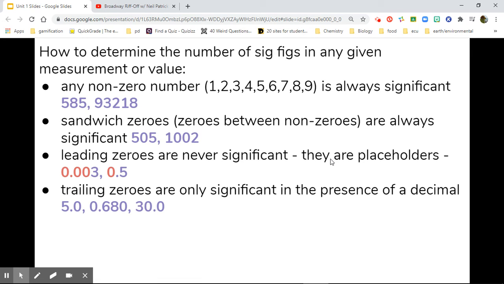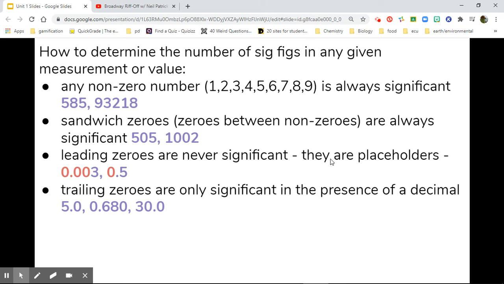Trailing zeros are significant if there is a decimal point. So 5.0, just like with our last graduated cylinder example, we had 3.80. That zero was important because it told us that the watermark was right on the 3.8. It wasn't a little bit above, it wasn't a little bit below, it was right straight on it.